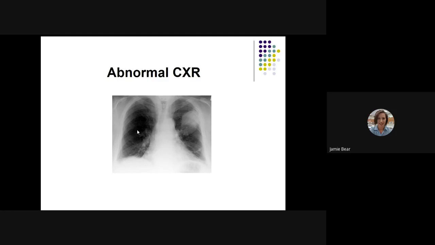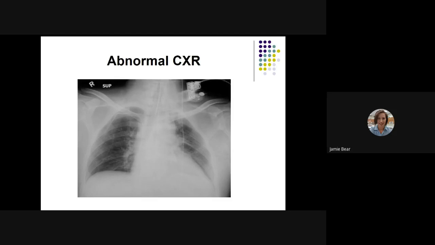Correct. That's right. So I would think this is like a focal pneumonia or an atelectasis. I don't think this would be a pleural effusion, or I don't think this would be pulmonary edema. So interstitial fluid leaking out of the vascular spaces, and we'll get to the reasons why on that as well.